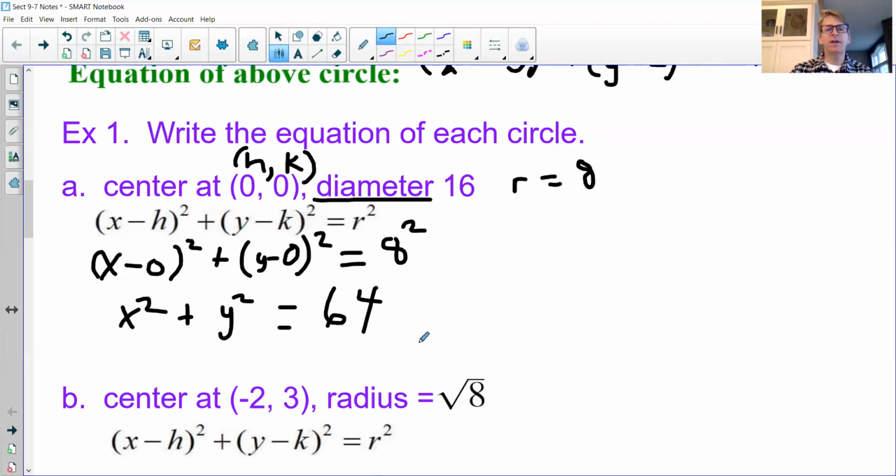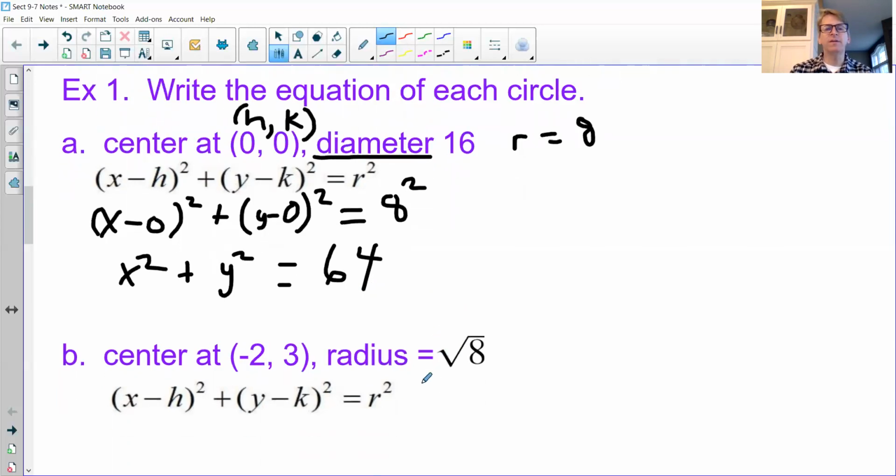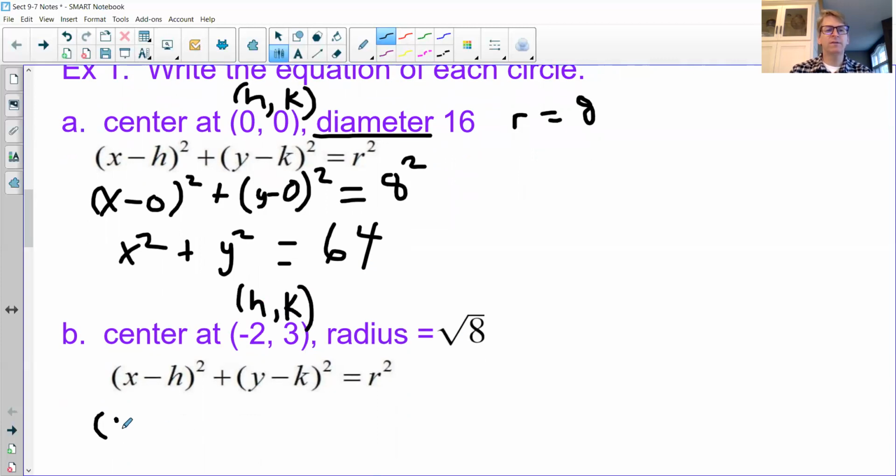Letter B, center at -2, 3. The radius is the square root of 8. Okay, so if the center is h is -2, k is positive 3. So in this case, we have x minus a -2 puts us at x plus 2. We're going to square that.